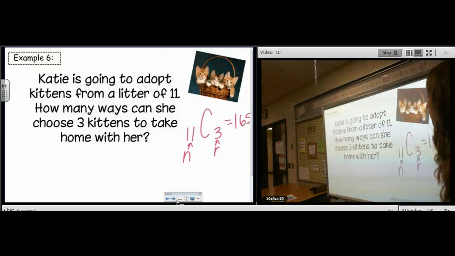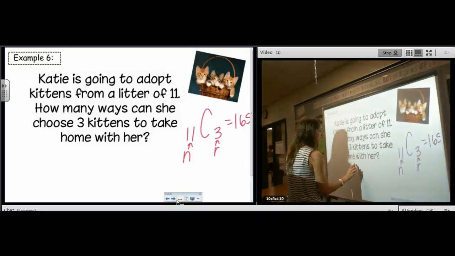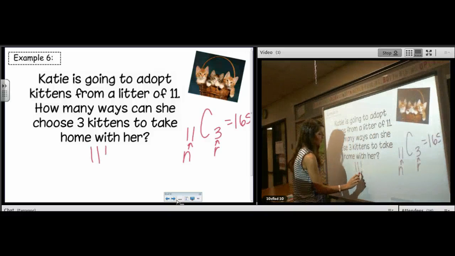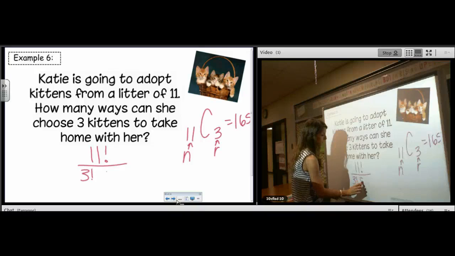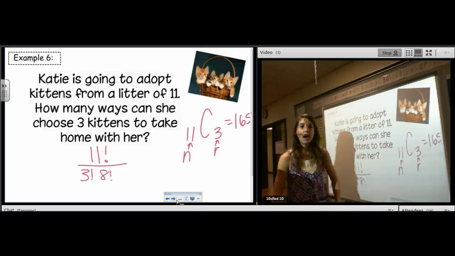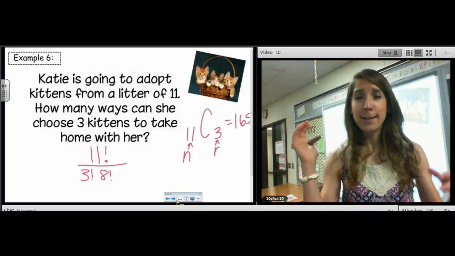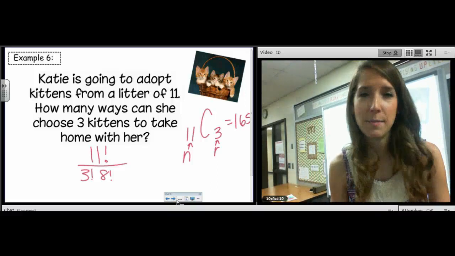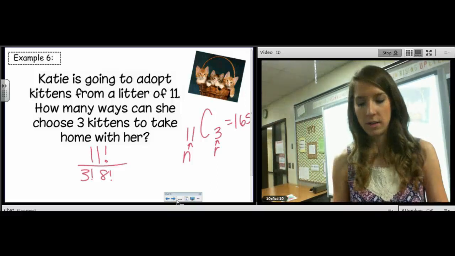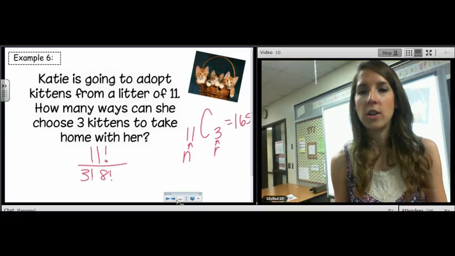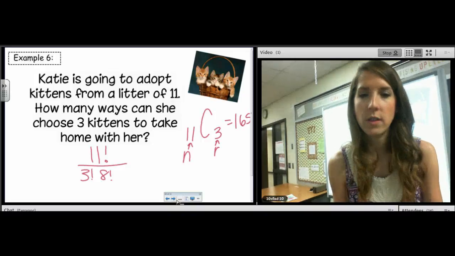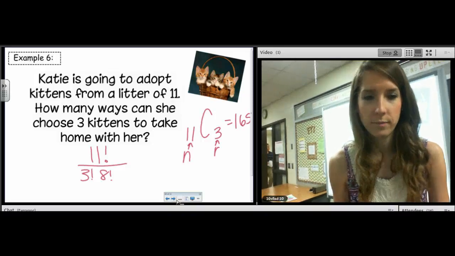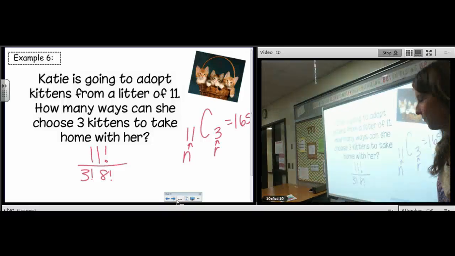It's always good to do it by hand just to remember. So if we did it by hand, it would be 11 factorial over 3 factorial, and then what's 11 minus 3? So that's us plugging the numbers into the formula. That's what the calculator is doing when you press that mysterious button and a number just pops out. That's the operation that the calculator is performing. Okay.